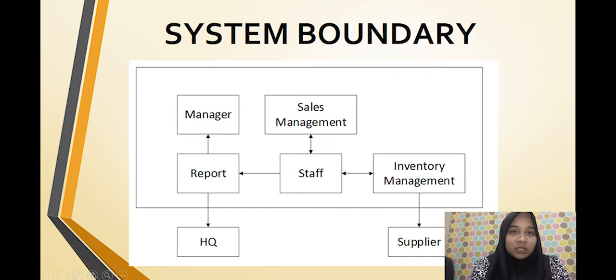Any modification to the inventory data must be stored in database. Third, purchasing details for every inventory supplied by supplier are stored in a database. And lastly, manager and headquarter can access the most up-to-date report for sales record and inventory record.